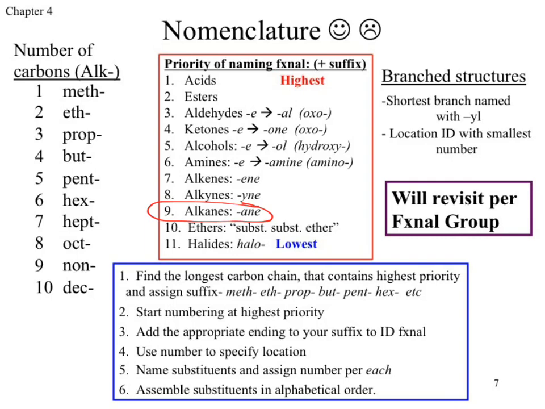The next issue that we're going to run into, because we're only looking at alkanes with no other functional groups, is we're going to end up with branched structures. So instead of having something in a nice straight line, we've got carbons popping off every which direction. We need to come up with a consistent way to name these structures so that we come up with the exact same name for an individual compound, regardless of which way I've rotated the bonds. So if we think back to that previous example, where can I draw it? Draw one over here.